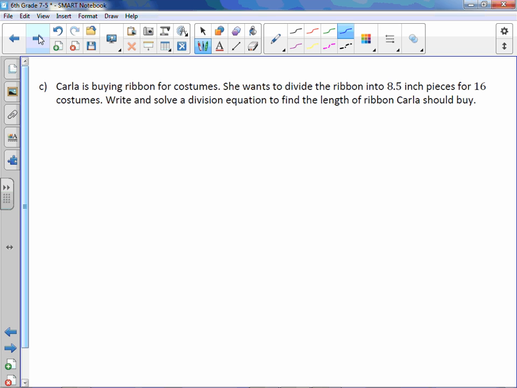Letter C. Carla is buying ribbon for costumes. She wants to divide the ribbon into 8.5-inch pieces for 16 costumes. Write and solve a division equation to find the length of ribbon Carla should buy. Let x equal length of ribbon.